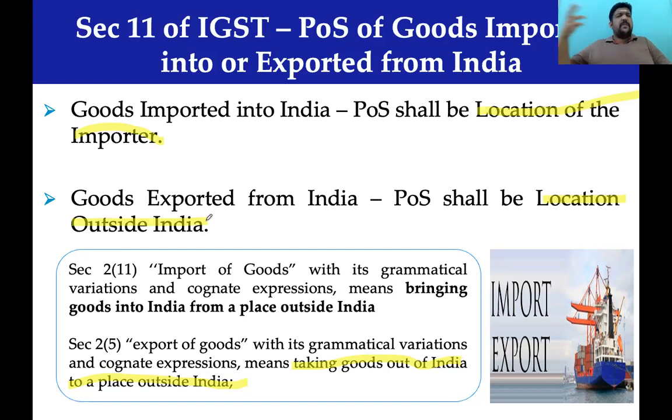Why does place of supply become a very important topic? Because you need to decide the nature of supply. If the location of supplier and place of supply are in the same state, we will call it intra. Otherwise, we'll call it inter. We know that. When it comes to import of goods, always you will call it what? Interstate supply.